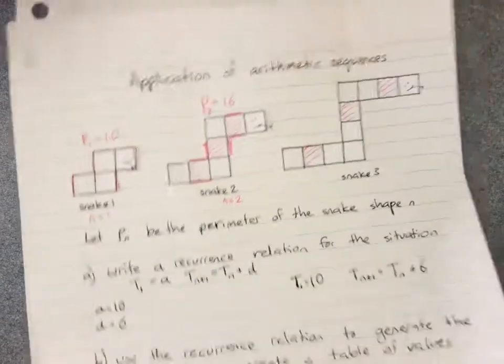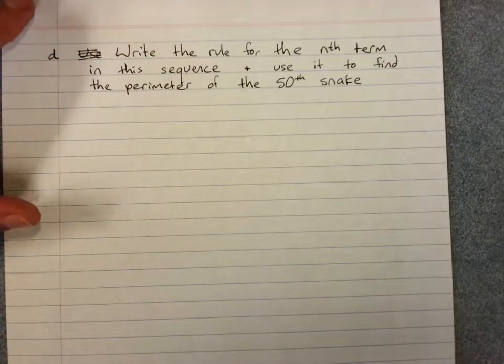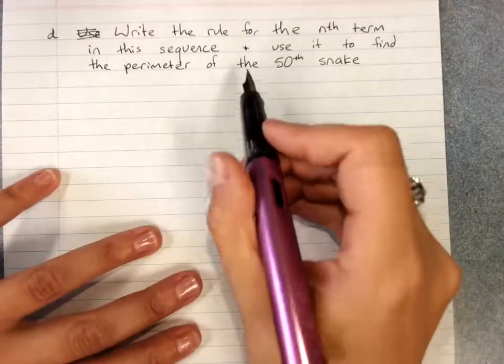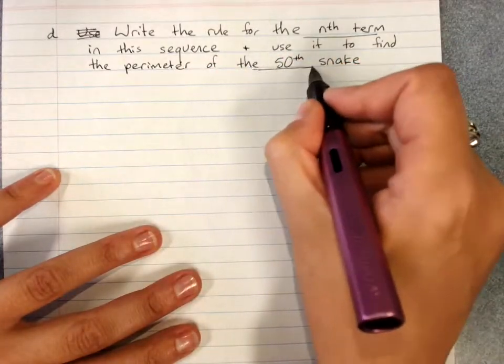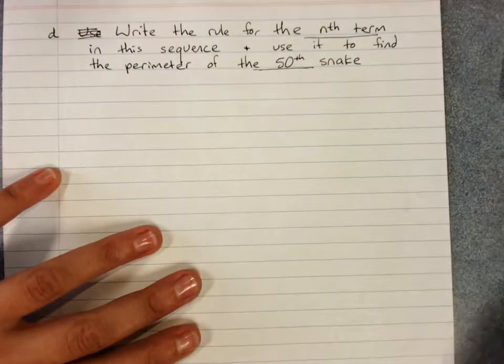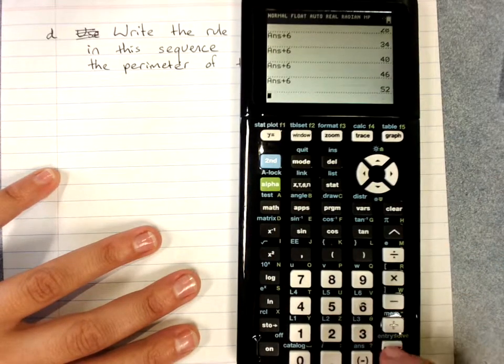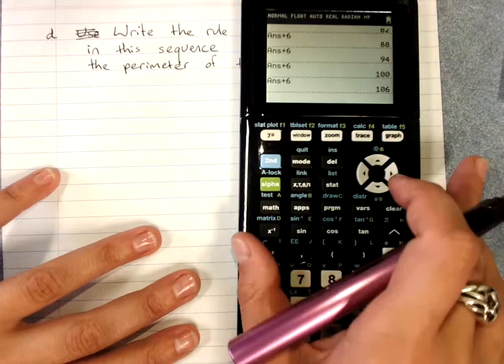And then they've asked us to write the rule for the nth term in this sequence and use it to find the perimeter of the 50th snake. So the question has said the nth term, and finding the 50th snake, like you really don't want to do that recursively. You know, it's just a bad idea.